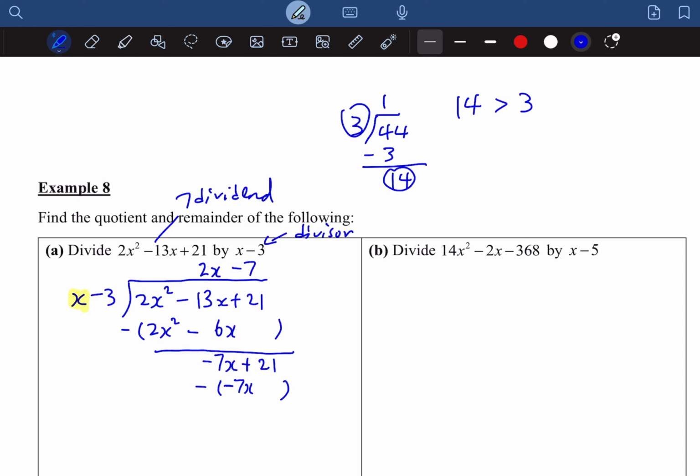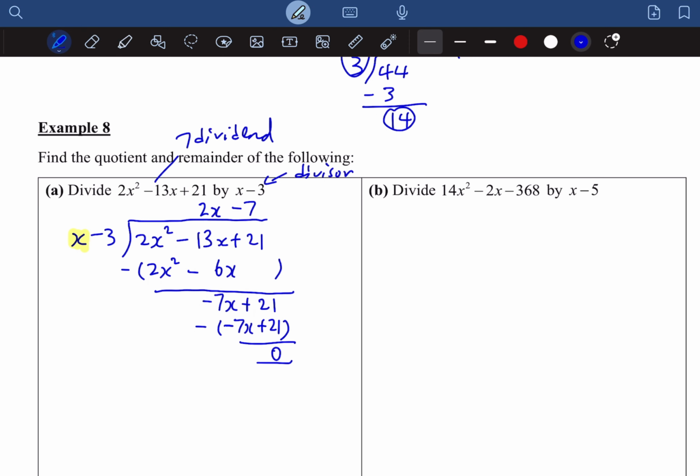Then negative 7 times negative 3, I have positive 21. So now the remainder equals 0. In this case, our quotient equals 2x minus 7 and the remainder equals 0. That's how we perform long division for algebraic expressions. Let's see a few more.